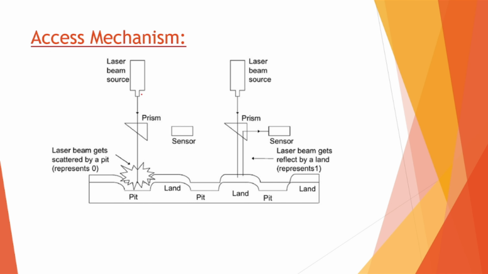Look, two laser beam sources. This is the laser beam source, and this is a sensor. It uses one laser beam of greater intensity to write the data by etching microscopic pits on the disk surface, and another laser beam of low intensity to read the data from the light sensitive disk surface.